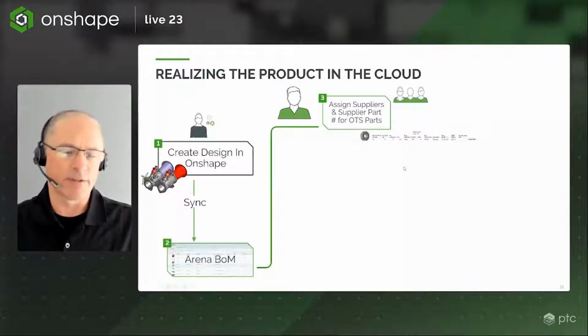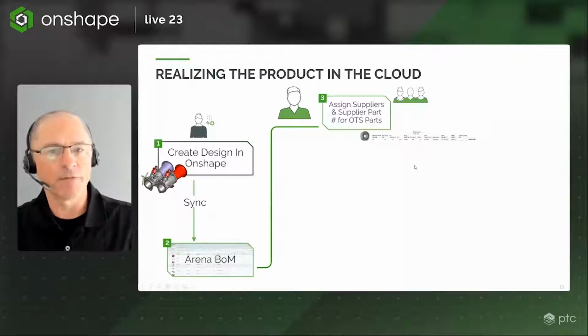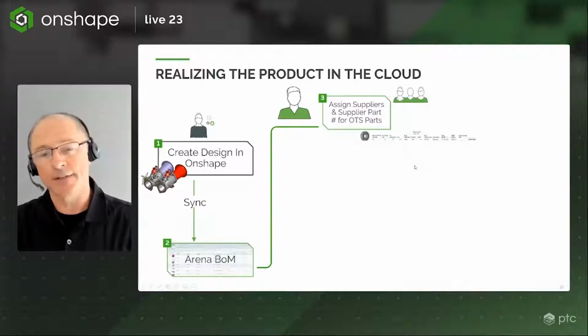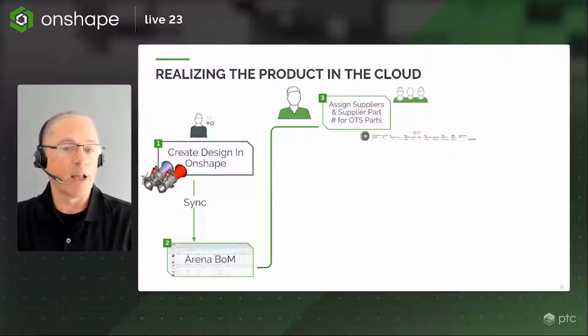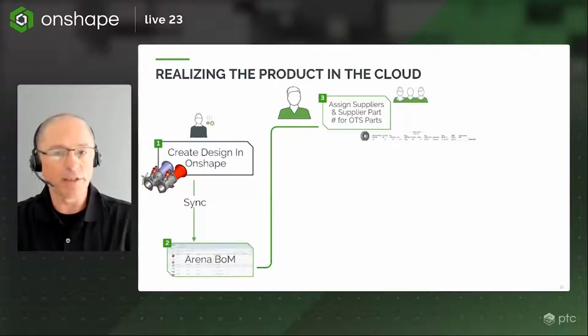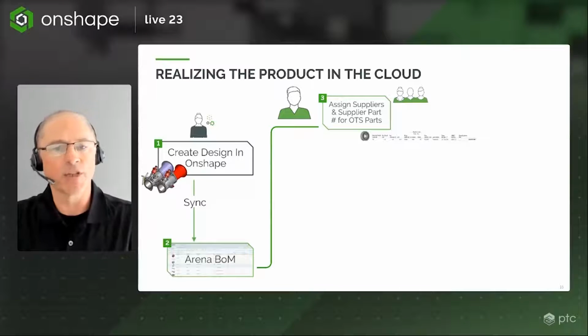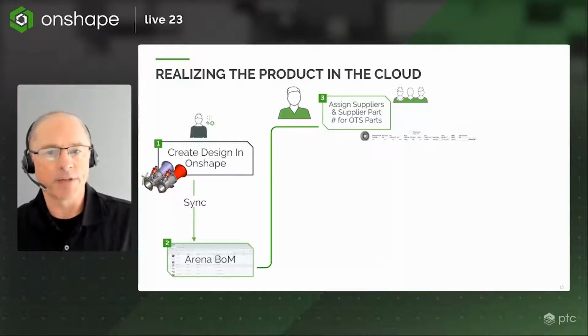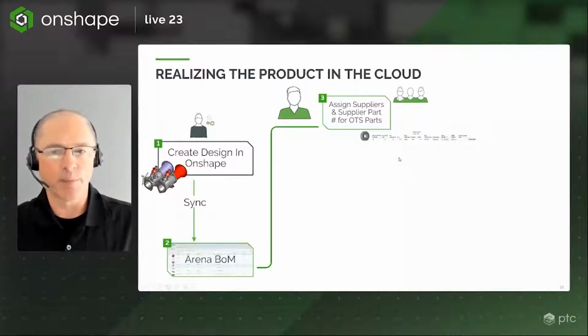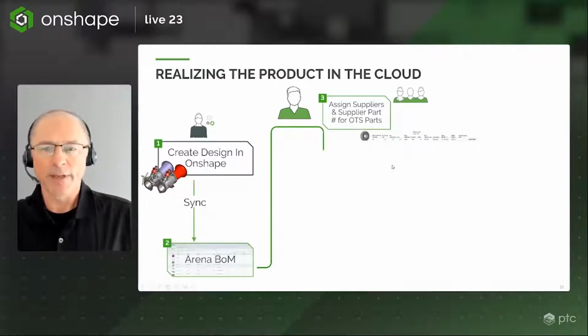They can look for all of the off-the-shelf parts. And seeing as today is really focused on how Arena helps with supply chain, let's focus on what's happening in the supply chain aspects. So we can find the off-the-shelf parts, we can find suppliers for those parts, and we can allocate supplier part numbers for those off-the-shelf standard components.